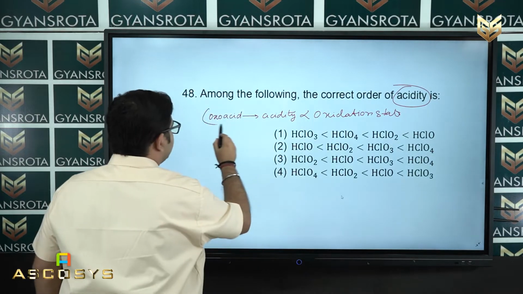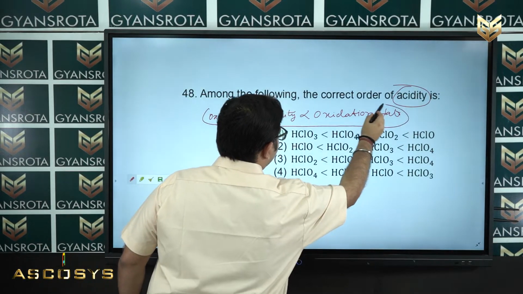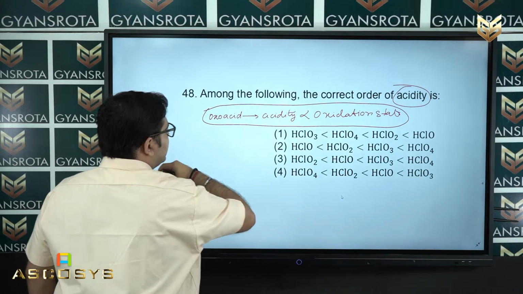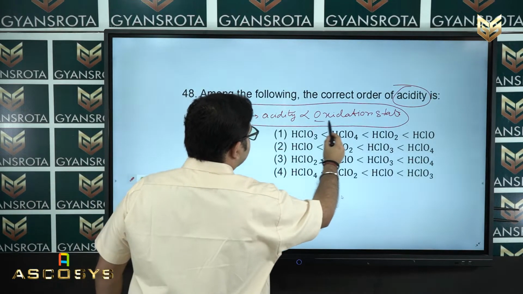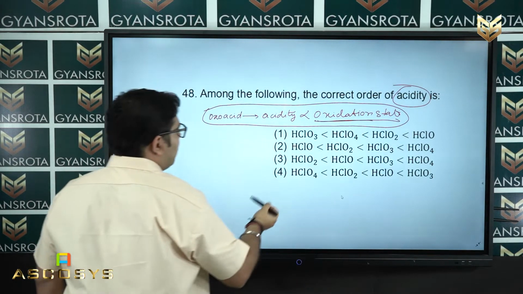In oxo acids, if they ask you the acidity order, you first have to find out the oxidation state. So, let us see the oxidation state.